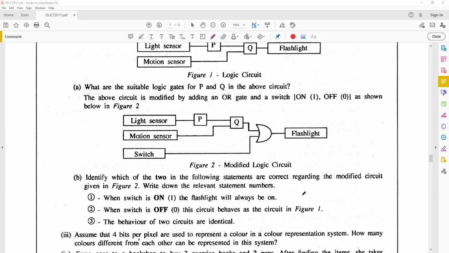Write down the relevant statement numbers. So in this circuit, additionally they have put a switch and an OR gate. The first statement says when the switch is on, when this is 1, the flag will always be on because this is an OR gate, irrespective of the other output, this will be 1. So this is correct.